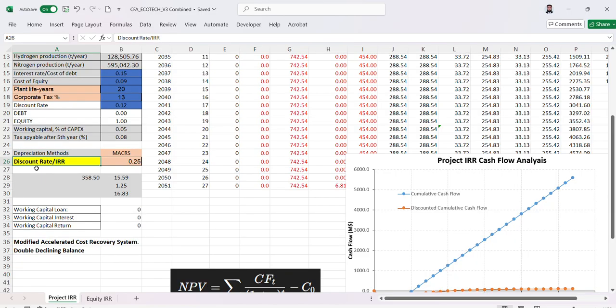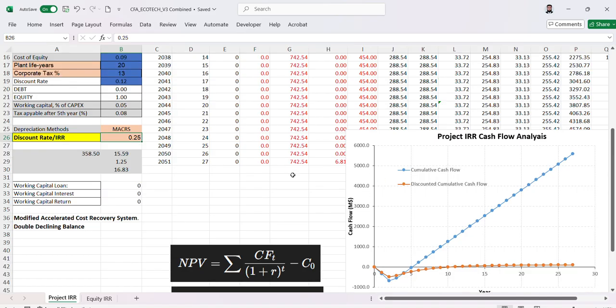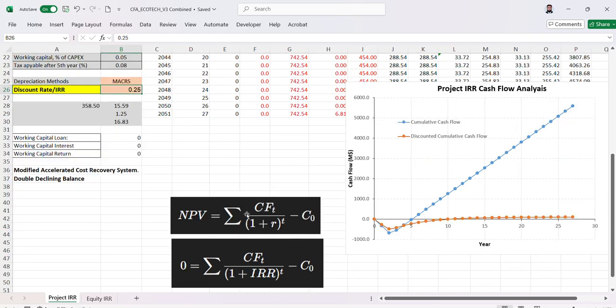And finally, this is the discount rate or internal rate of return. This would be an important parameter to check whether the project is viable or not. Once we have finished the calculation, we will see the variation of this and check the results. These are interrelated parameters, discount rate and IRR.